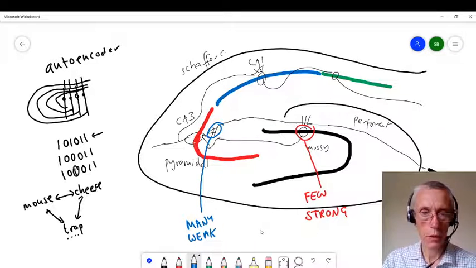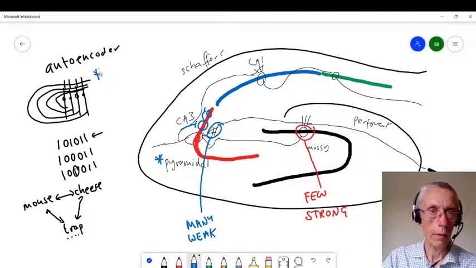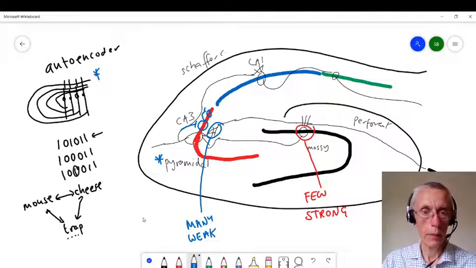So that's observation number one. Observation number two is that these pyramidal cells make lots and lots of connections with each other, just like here.